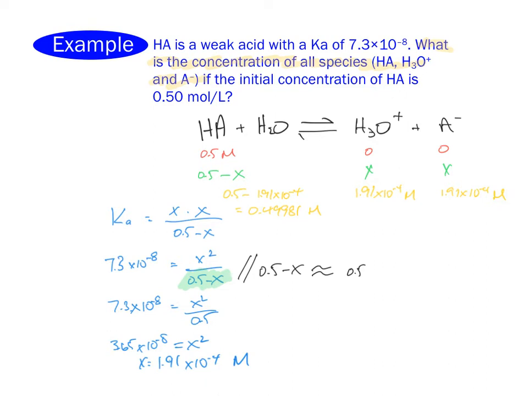So the question asked us what was the concentration of all species. Well, the concentration of the weak acid is that. The concentration of the hydronium ion and the concentration of the other ion in the products are the same. It's the 1.91 times 10 to the negative 4, which corresponds with that x value that we found.